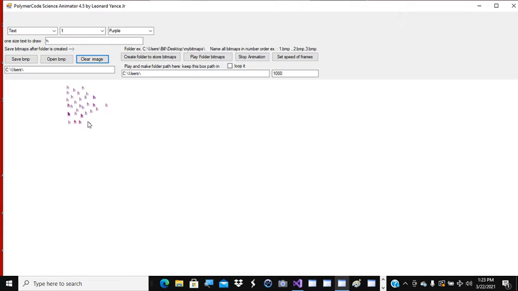Okay, this is an app I designed, and these are hydrogens, and they represent atoms and also nuclei.